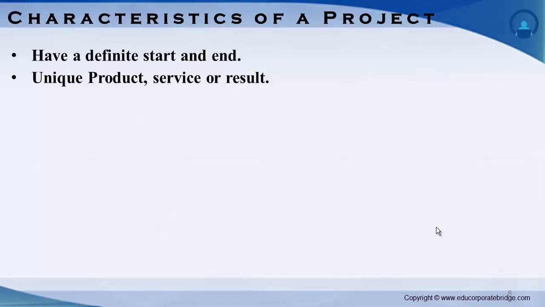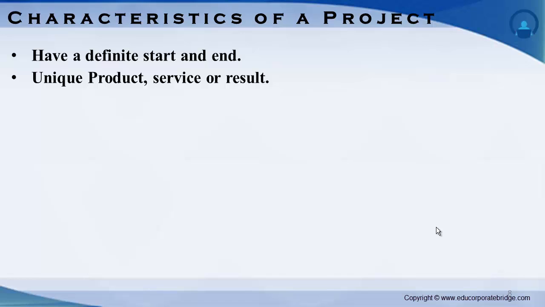During the execution of a project, there might be some repetitive activities, but those repetitive activities do not change the unique characteristics of a project. For example, during the development of a software product, there might be multiple iterations of testing, but at the end, each development is unique, resulting in a product with specific features.